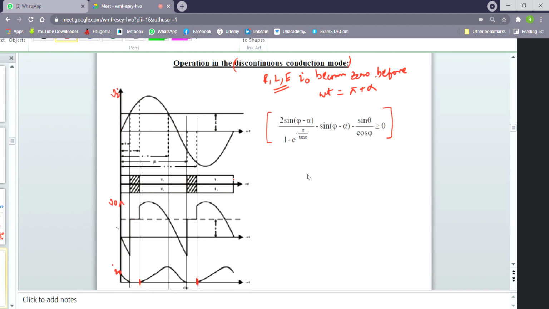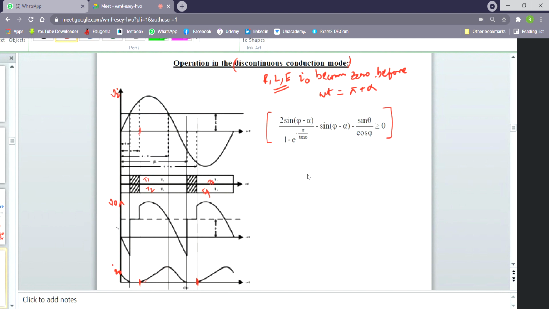As you can see, in this discontinuous conduction mode, I0 starts rising from 0 as T1 and T2 are fired at omega t equal to alpha. Here, this is T1, T2, and this is T3, T4.